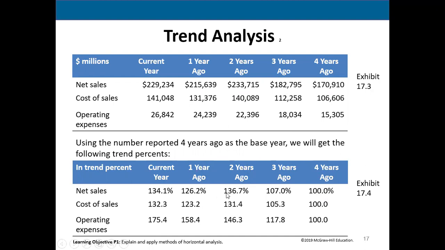So from 1 year to the next, okay, they decreased almost 10%. But then they increased almost 8% because we're basing them off of 4 years ago. So it's just showing you trends. So that's another tool you can use, utilizing this horizontal analysis.